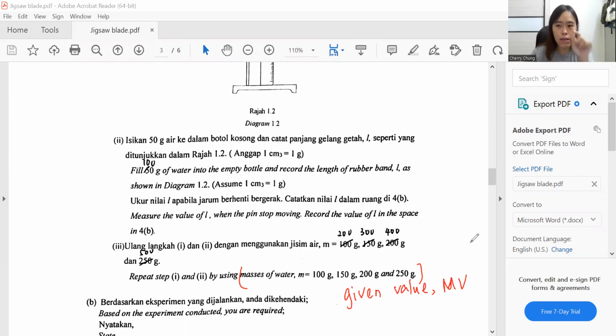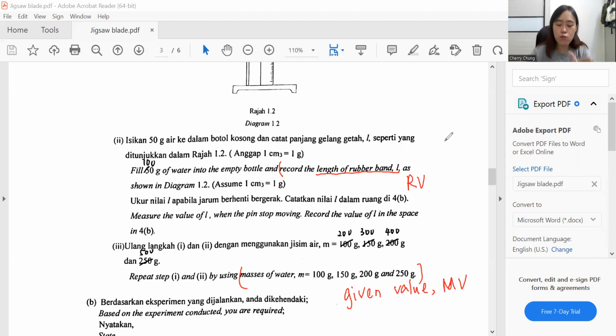Then the one they ask you to record the result for, the length of the rubber band, is your RV. So remember, read the questions carefully. If the question gives you the value, the variable is MV. The one they ask you to measure is the RV.